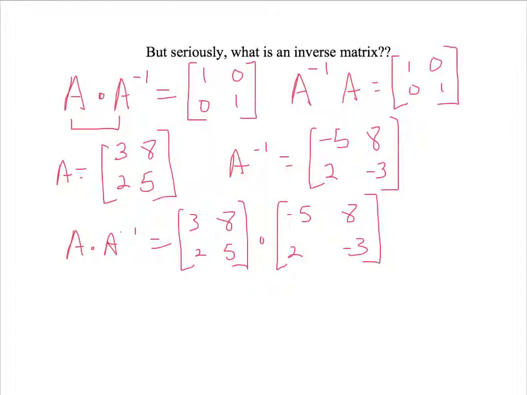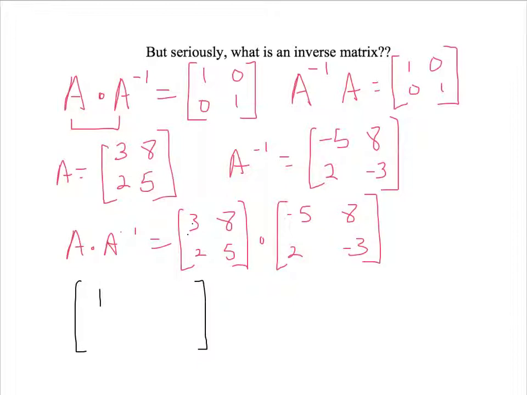This is good practice for multiplying matrices. The element in the first row, first column, will be 3 times negative 5, which is negative 15, plus 8 times 2, which is 16. That gives us 1.